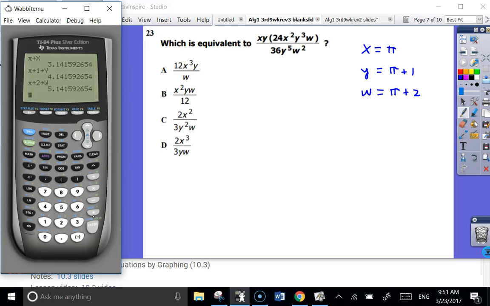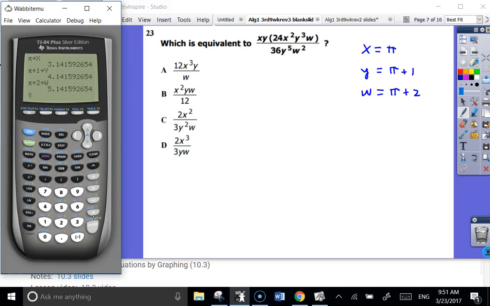X to the third. That y times y to the third is going to give you how many y's for us? And then you're going to have to simplify 24 over 36. Then we said x to the third. It's only x. It's the only x term. How about y to the fourth over y to the fifth? Just use properties of exponents.